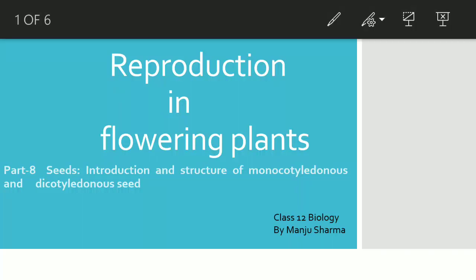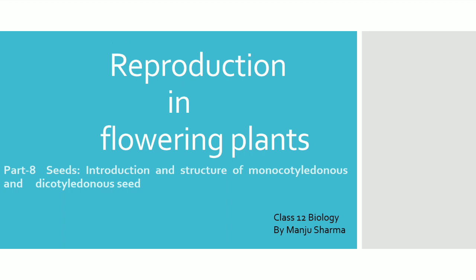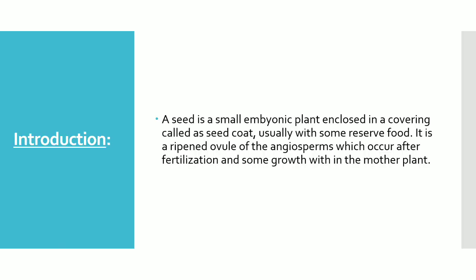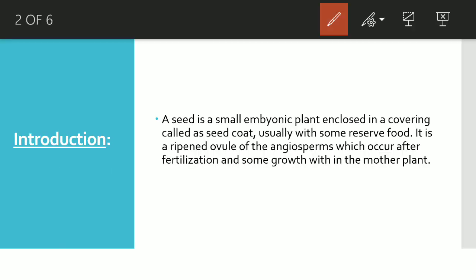In this video, we will study the introduction of seeds and the structure of monocotyledonous and dicotyledonous seeds. So, firstly, what is a seed? A seed is a small embryonic plant enclosed in a covering called the seed coat, usually with some reserve food.